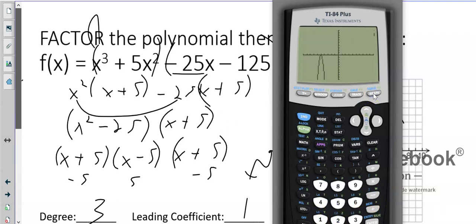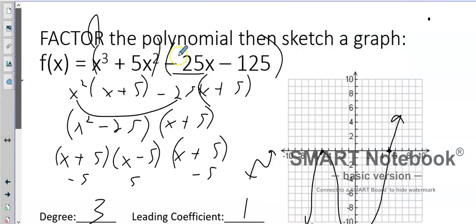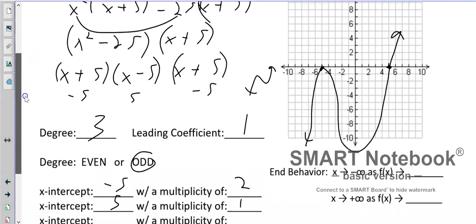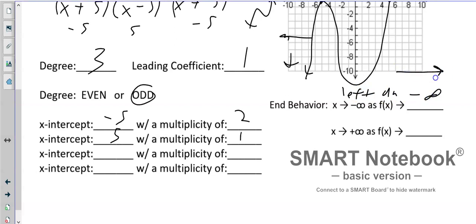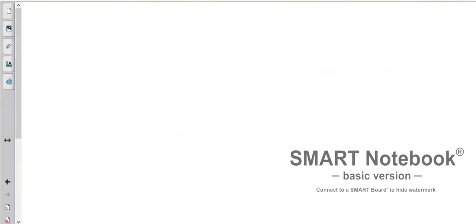Comes up, bounces off the chart, goes through. Hey, look at that. I pretty much nailed it. And in behavior, as it's going left, it's going down. So left, down towards negative infinity, and right, up, positive infinity. And that's it.